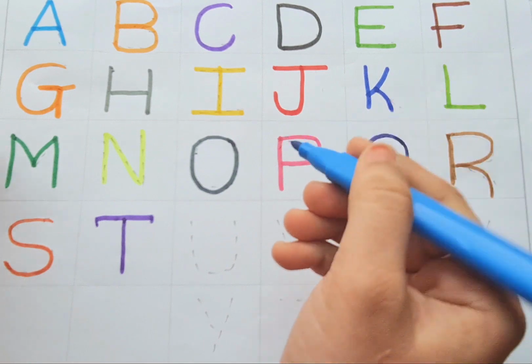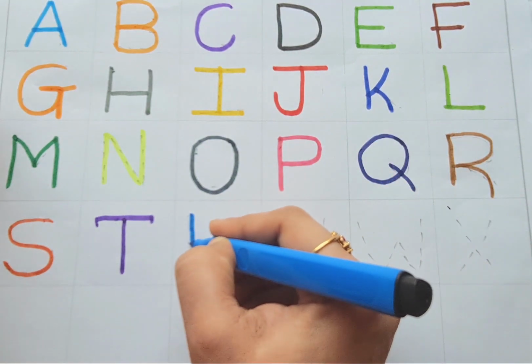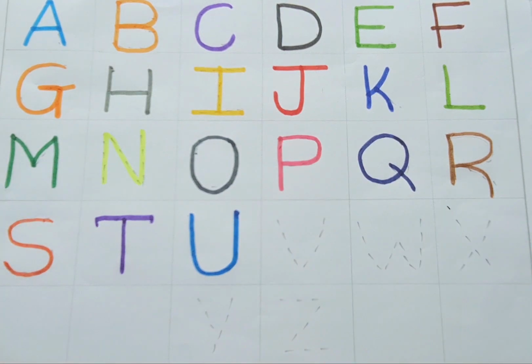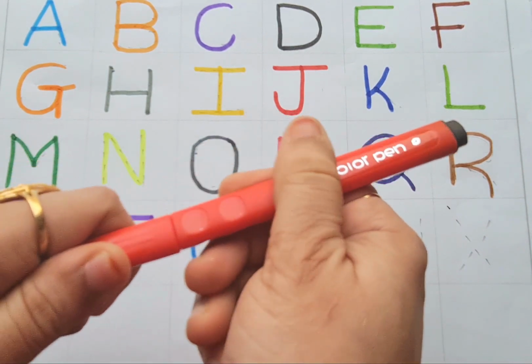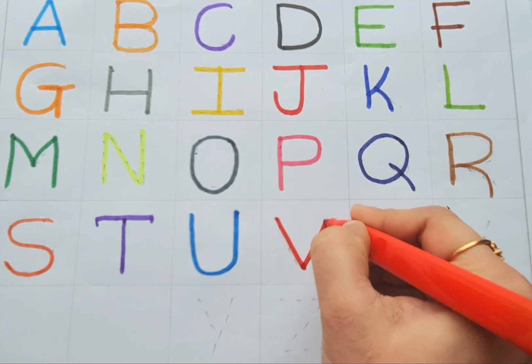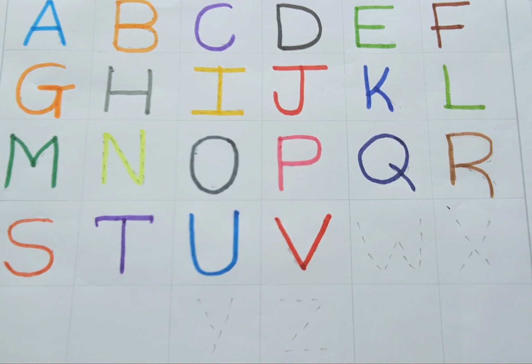Blue color. U. U for umbrella. Orange red color. V. V for van.